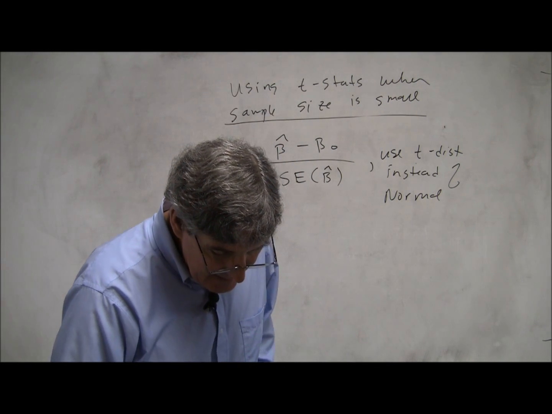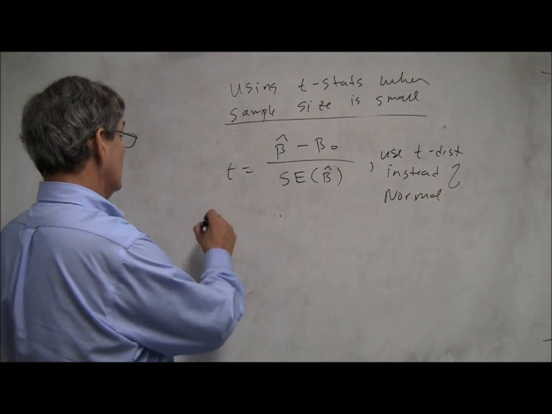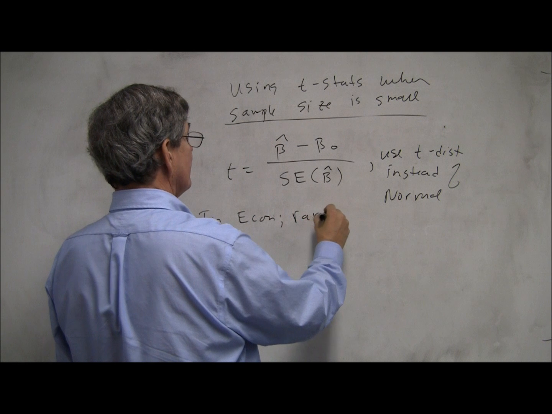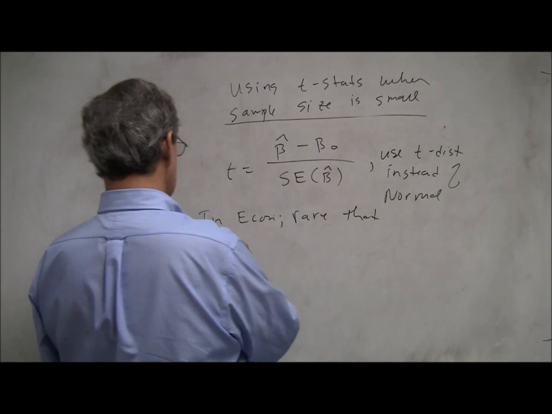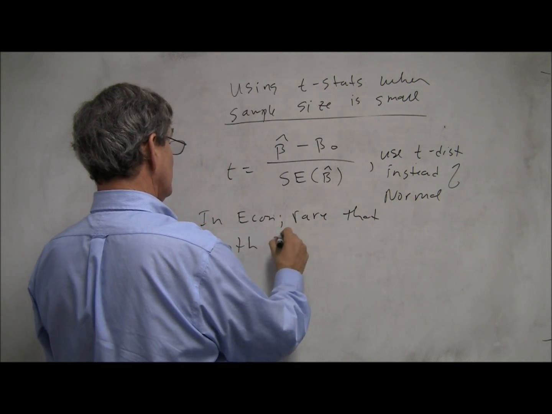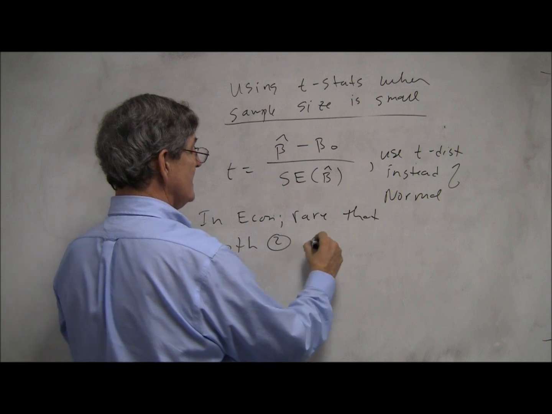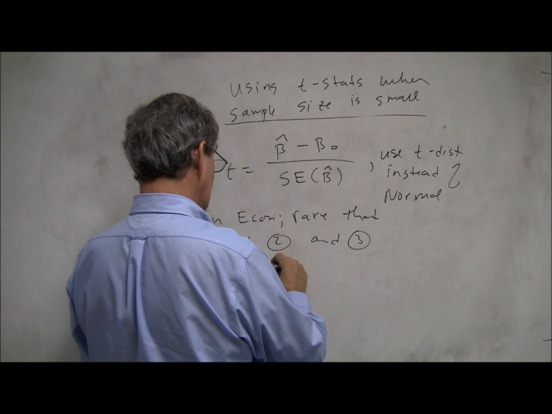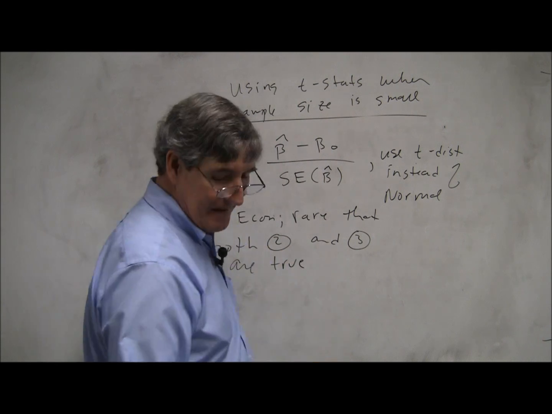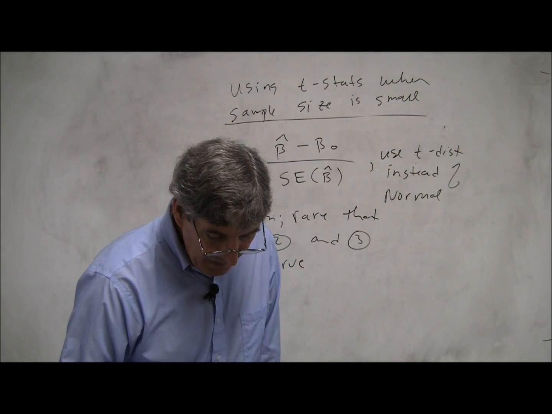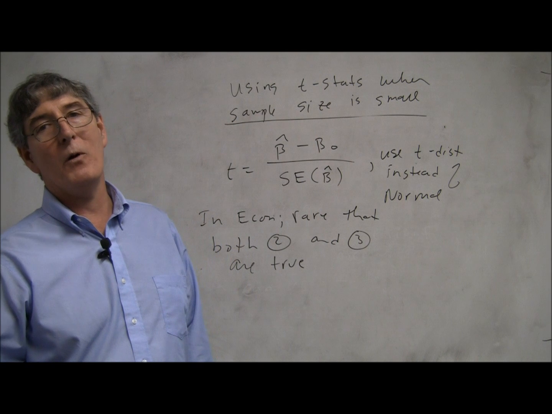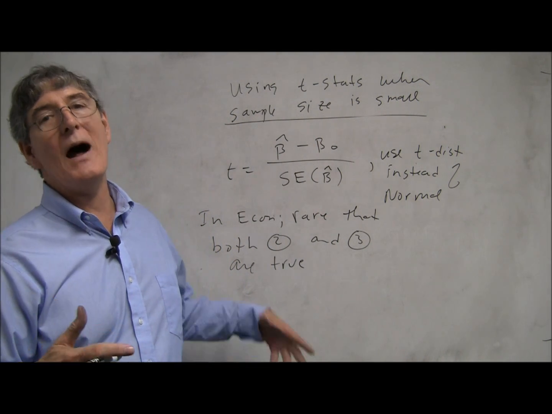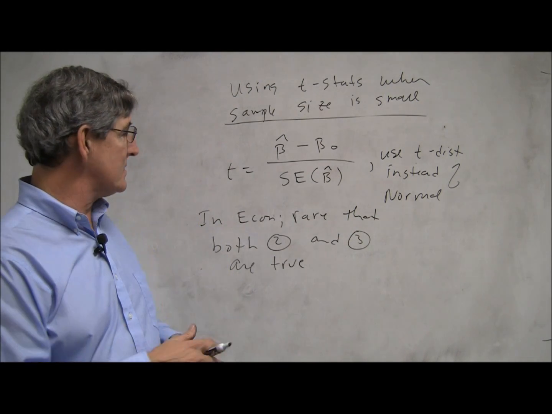But in practice, in econ, it's rare that both two, homoscedasticity, and three, normal errors are true. And so if you don't have a large sample, if you don't have more than 100 observations, you're kind of in trouble. And there's ways to get around this that you would learn in grad school and other sorts of things.